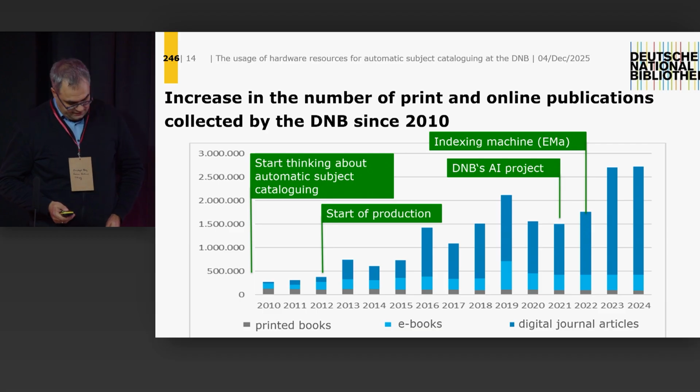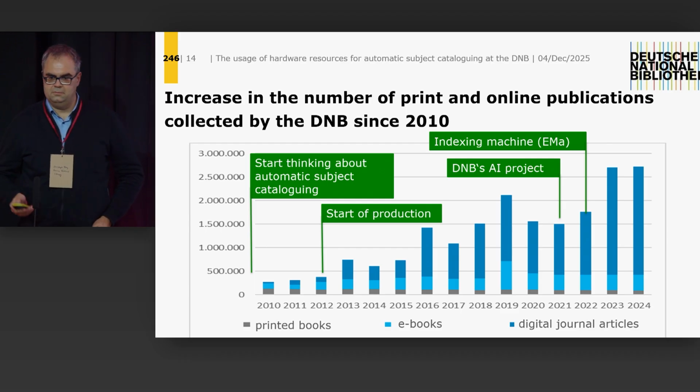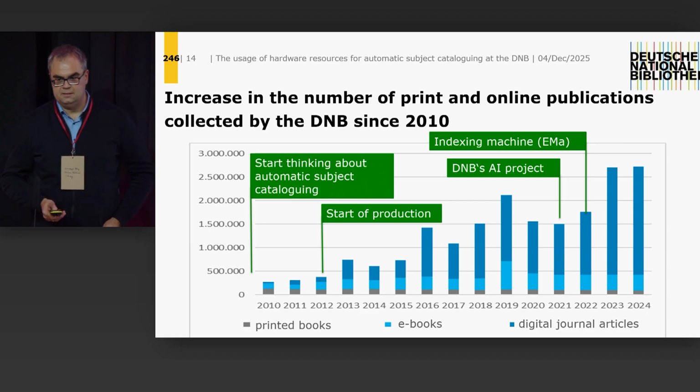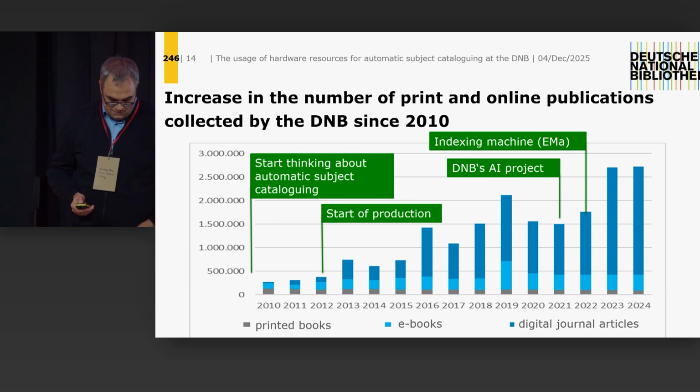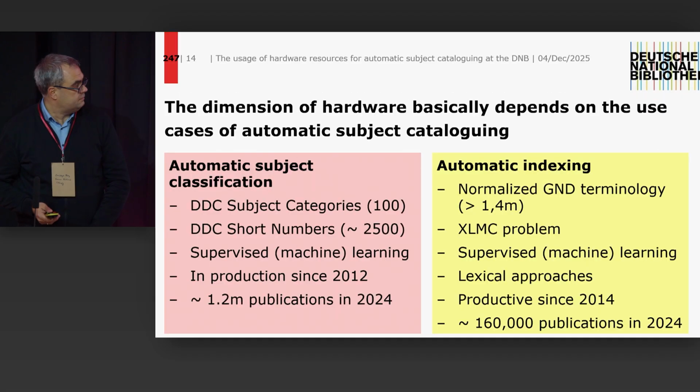Actually, we already started in 2009 to think about automatic methods. Our current system, the indexing machine, or in German, the Erschließungsmaschine, started in 2022. That is based on the well-known community toolbox Annif for predictions. Since 2021, we have an AI project that forms the research component for the further development, and I want to talk about it shortly.